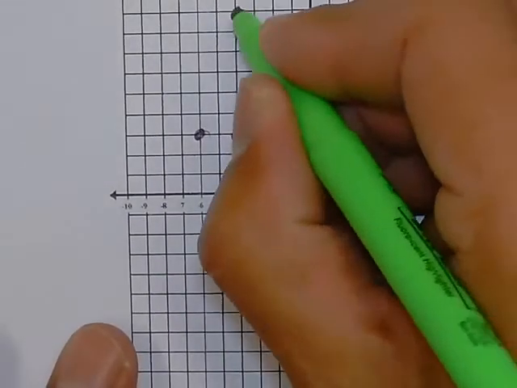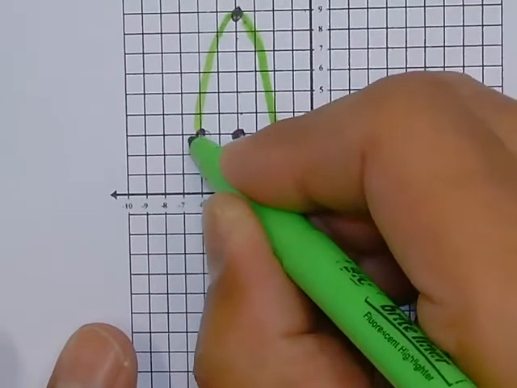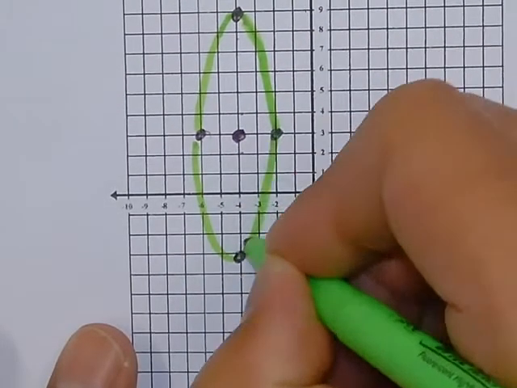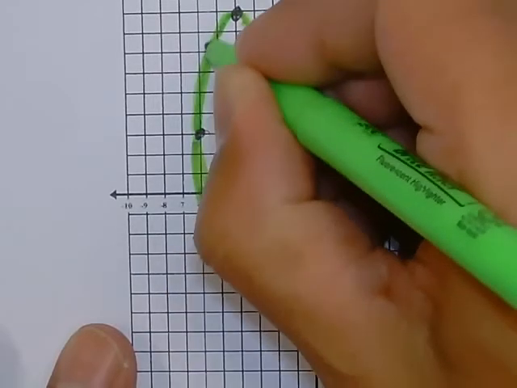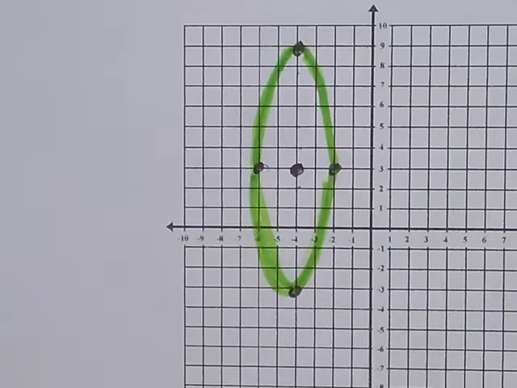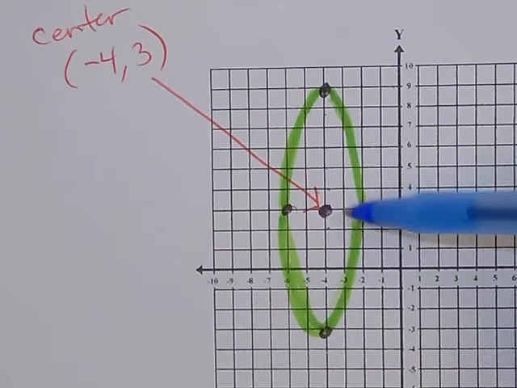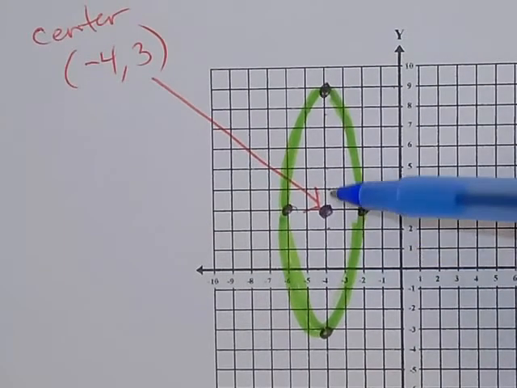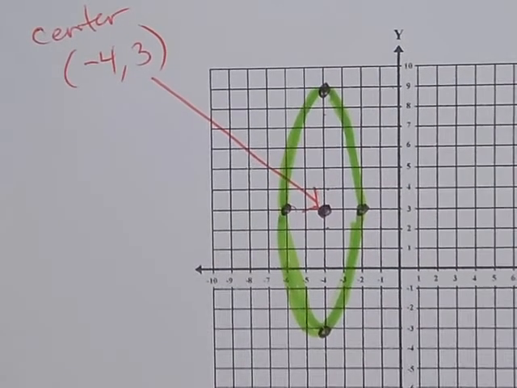Okay, go ahead and give me the equation for that ellipse. Yeah, make sure you get the center first. The dot's not going to be there. You're going to have to look at the graph and see where it looks like the center is.